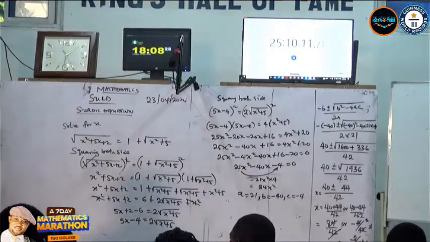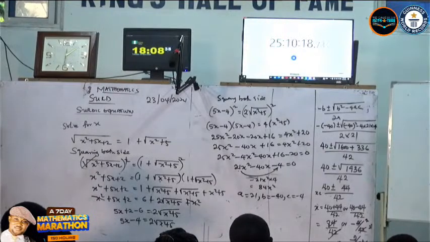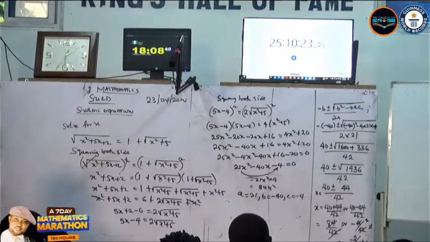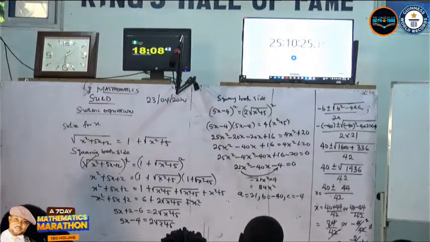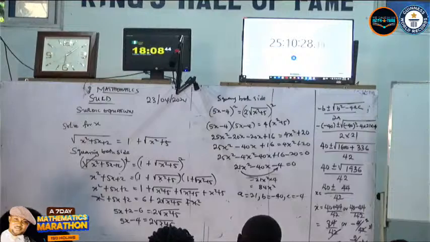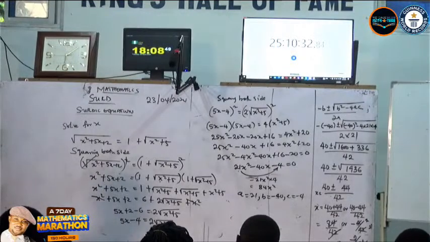Those are the fundamental things you need to know. You see, if you observe really well, you see that anytime you have a question that contains roots, you need to see how you can square both sides.